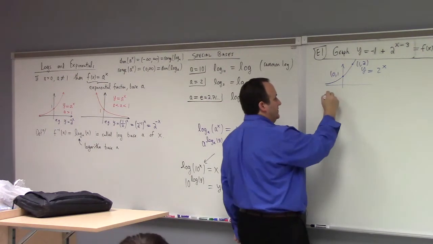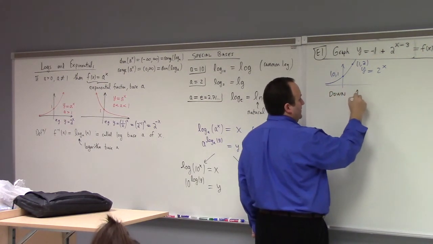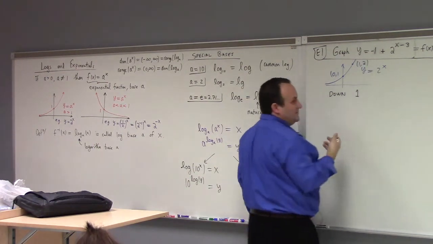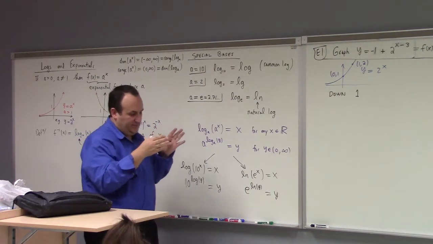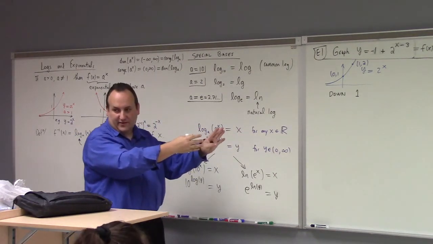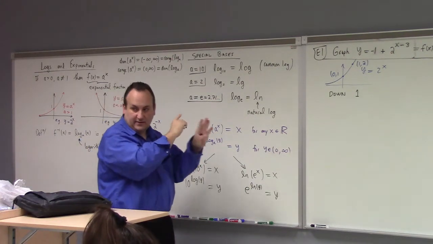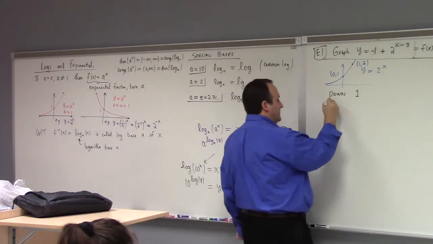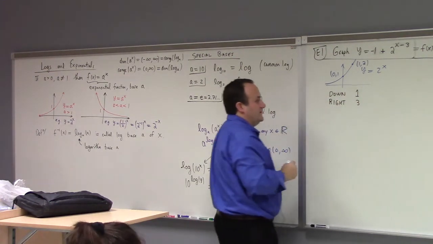We want down 1. Remember, it's directly what it appears to be when we add or subtract from the formula, but when it's going to the input of the formula, it's kind of opposite our intuition. So replacing x with x minus 3 moves 3 not to the left, but to the right. So down 1, right 3.